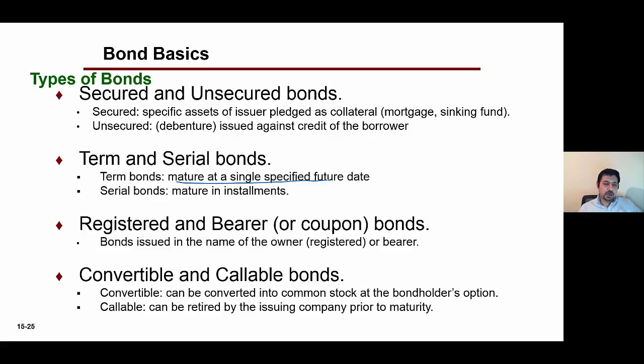Callable bonds are bonds where the company who issued them, the company who is borrowing the money, has the right to retire them before maturity. So before they have matured, the company has the right to buy them back prior to maturity.